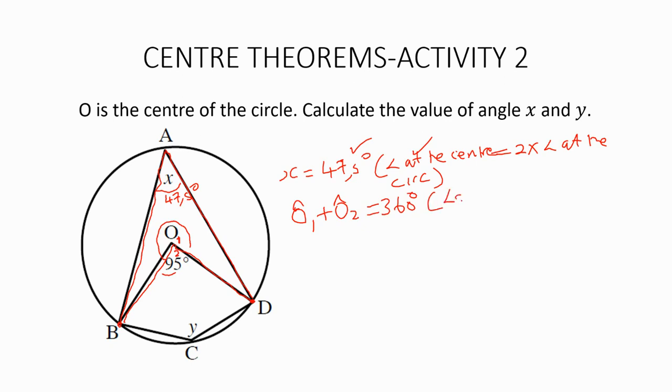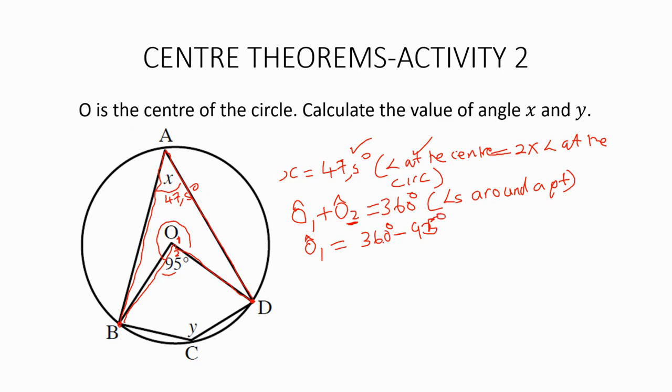Because these are angles around a point. Remember, angles around a point, that is complete revolution. So they add up to 360 degrees. So O1 is equal to 360 degrees, I'm going to transpose, minus O2, which is 95 degrees.